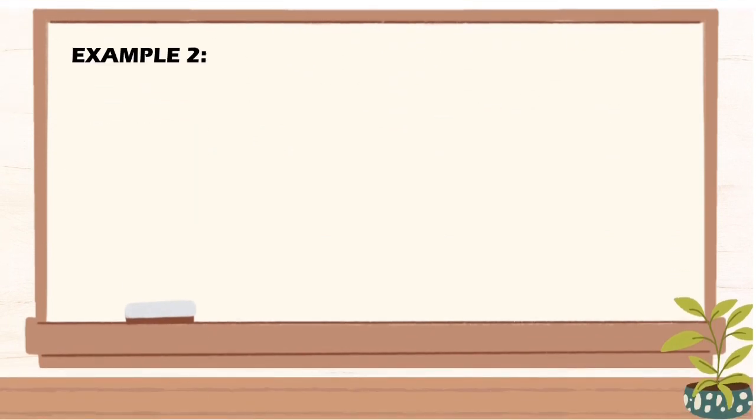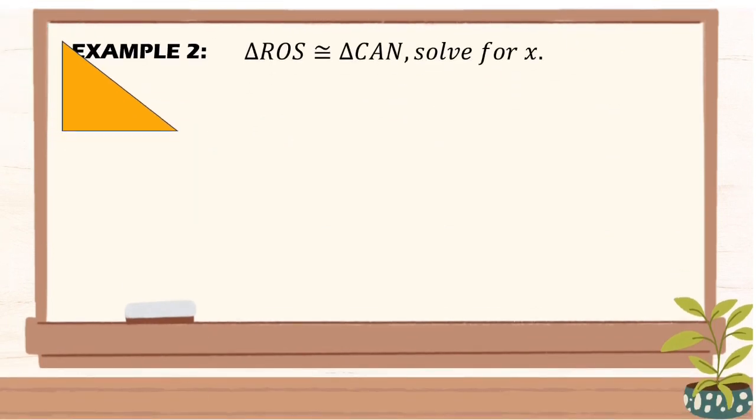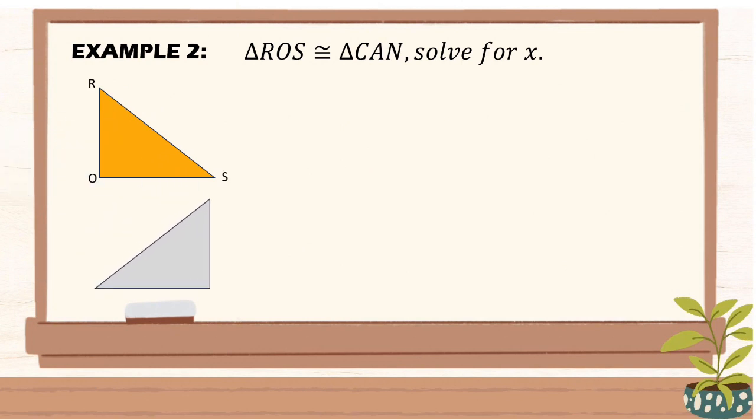Another example, we have here triangle ROS is congruent to triangle CAN. So solve for X. Angle R is equal to 30 degrees and angle O is equal to 110 degrees. When the two triangles are congruent, angle C is also equal to 30 degrees and angle A is 110 degrees.